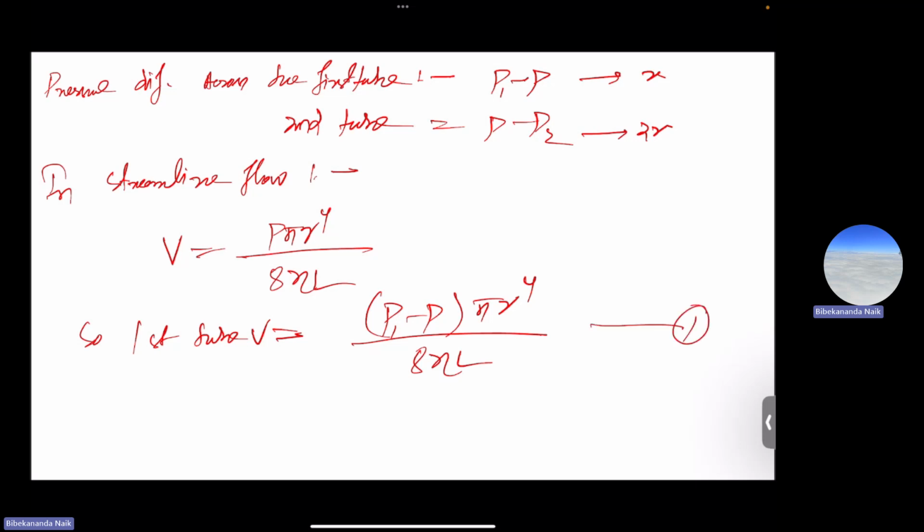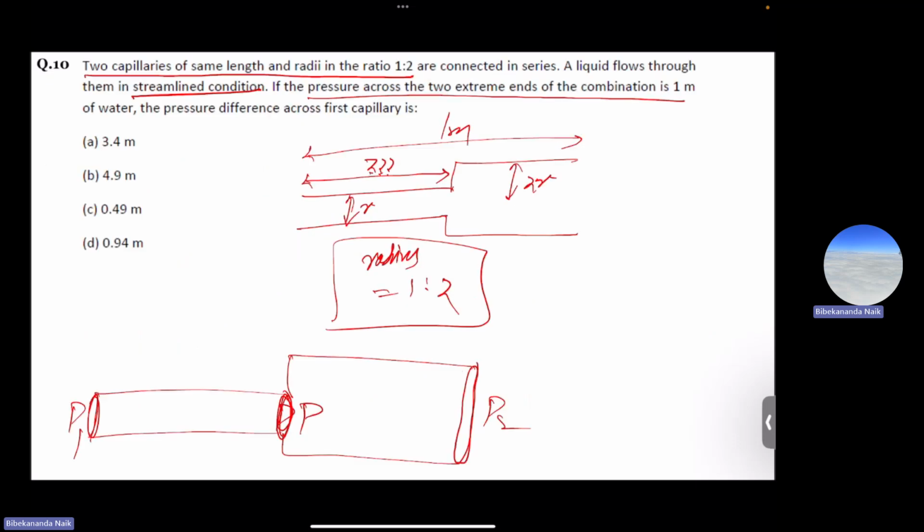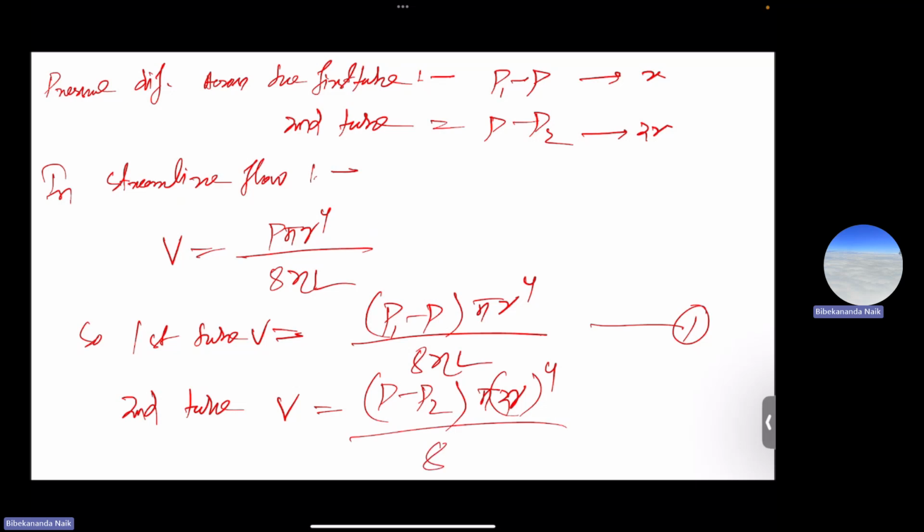And for the second tube, V equals P minus P2 pi 2r to the power 4 by 8 eta L. This is equation 2.